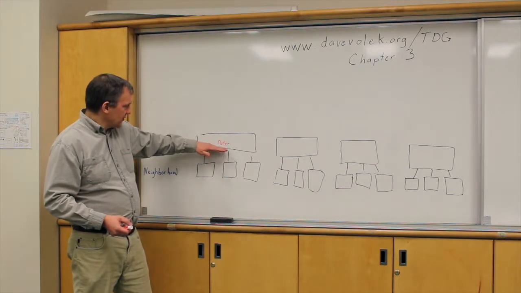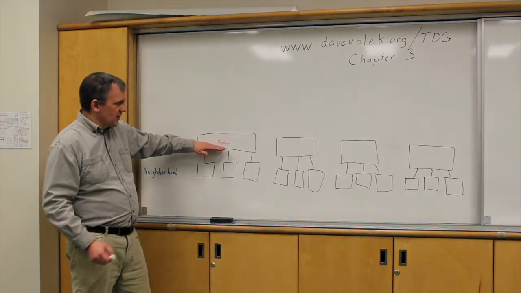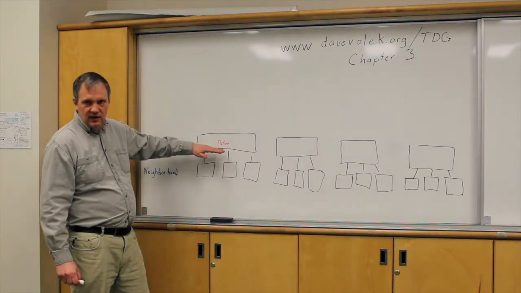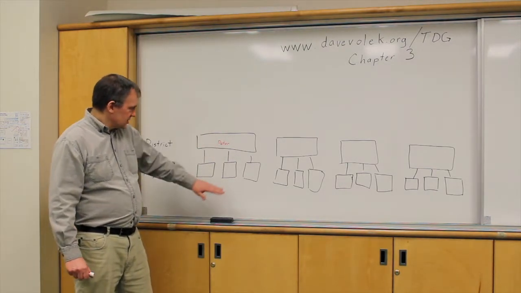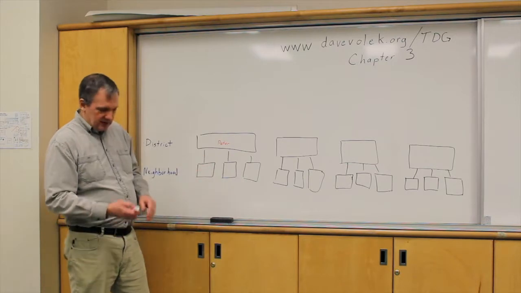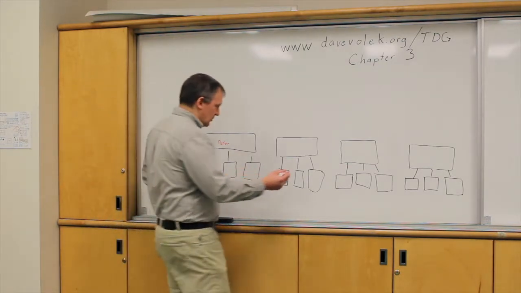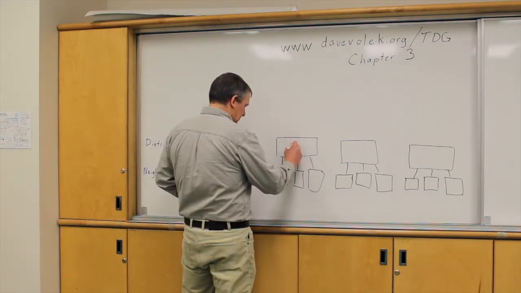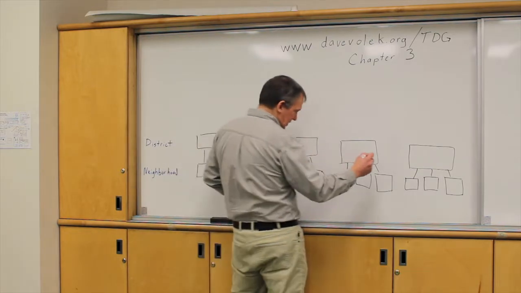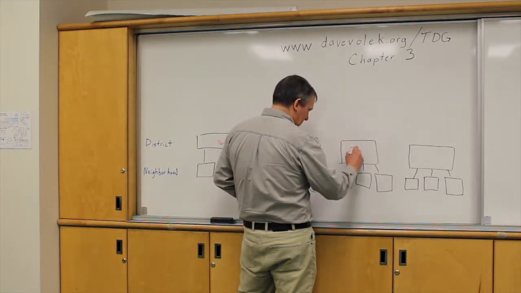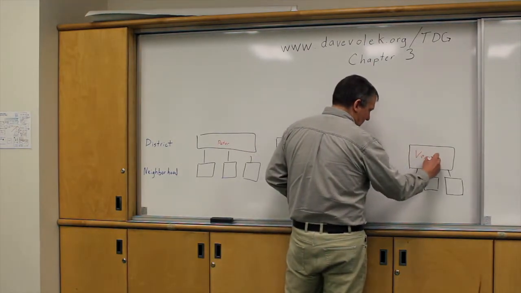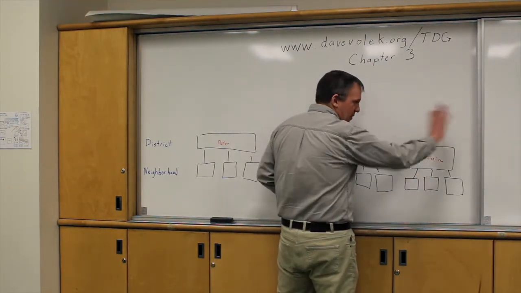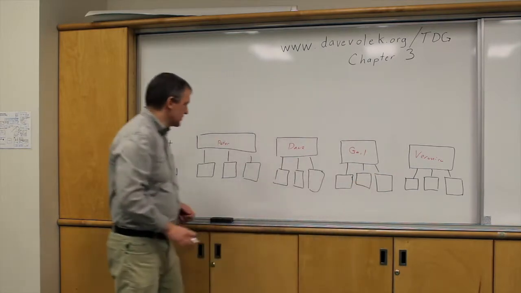So now Peter was elected, so now he's serving as a district representative, and what's Peter going to do with his time? He's going to start meeting with these other representatives. Let's call this one Dave, this one is going to be Gail, and this one's going to be Veronica. And there may be more districts in this particular TDG.